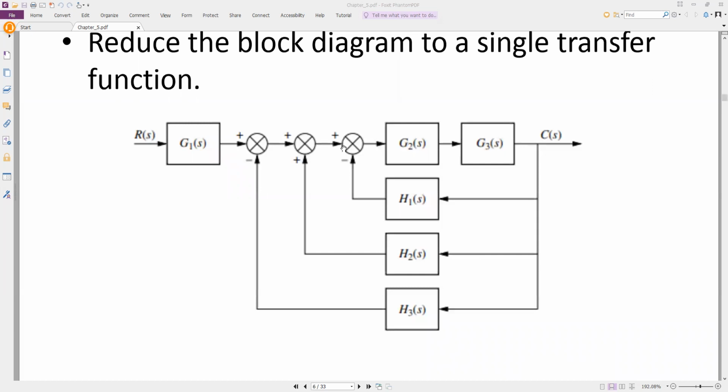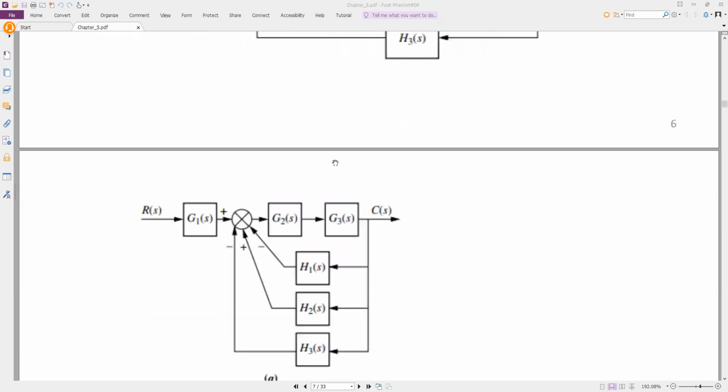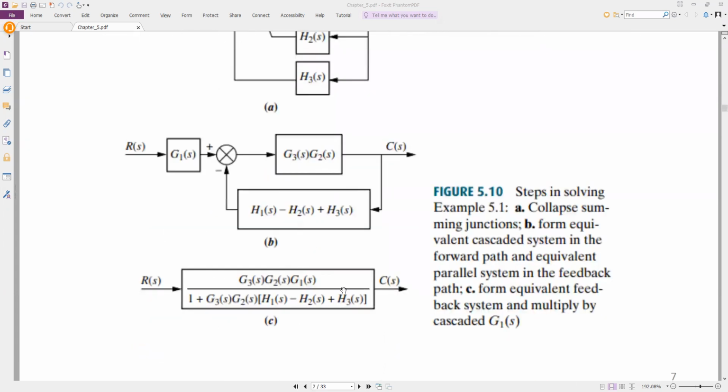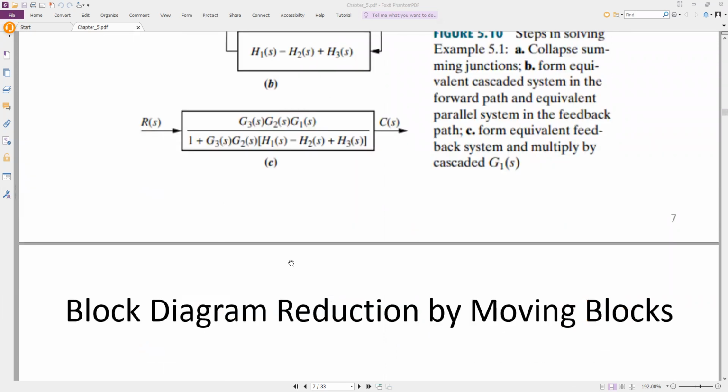And finally, reduce the upper part, G2 into G3, and in the lower part, H1, H2, H3. Now reduce it and make this one. So that would be the final one.